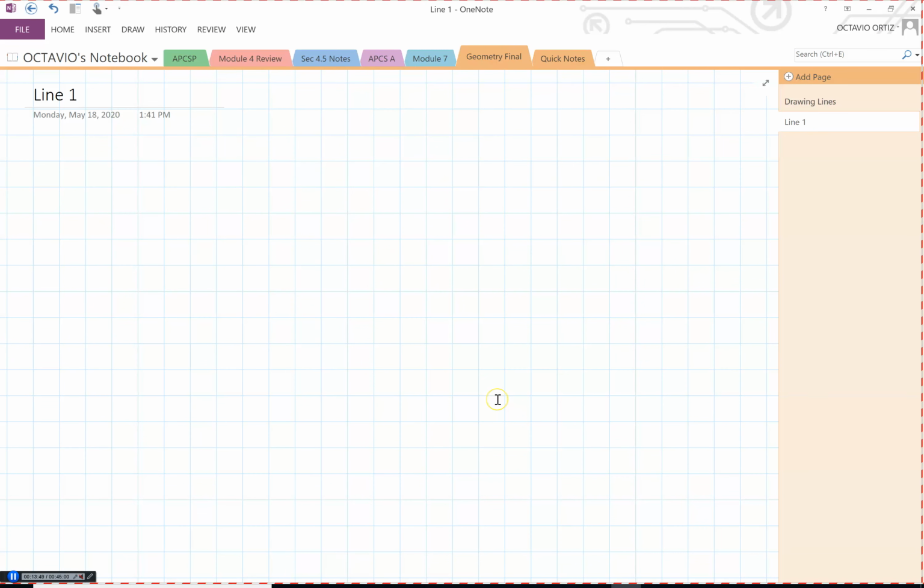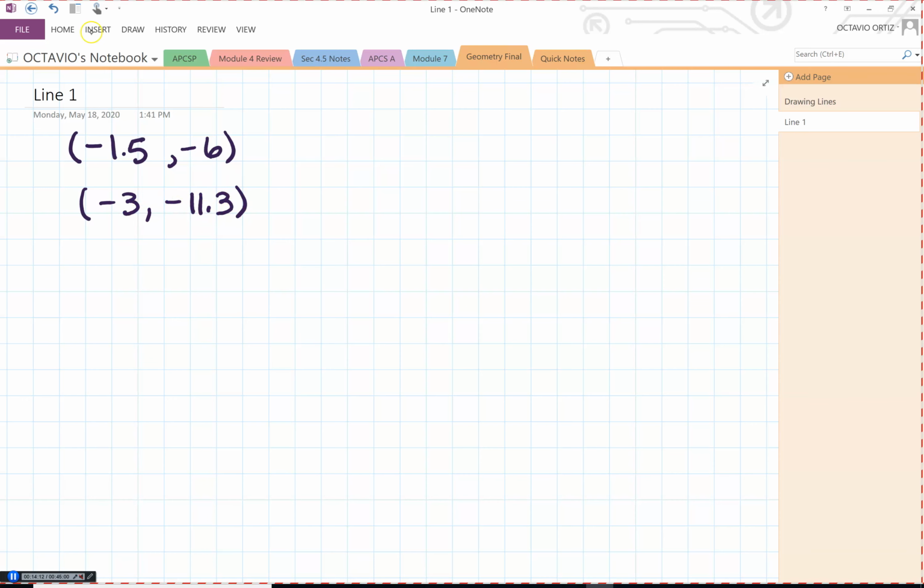Okay. That's because I need to detach this so I can write easier. So the 2 points were negative 1.5, negative 6, and negative 3, negative 11.3.